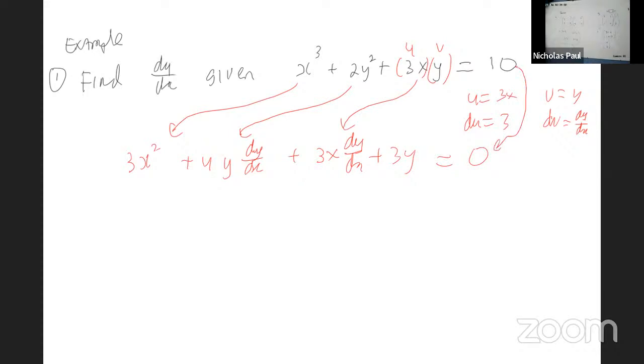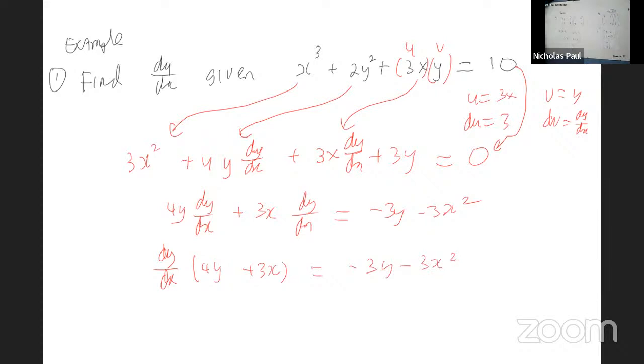Now we're trying to make dy/dx the subject of the formula. So we'll leave all the dy/dx terms on the left. So that'll be 4y dy/dx plus 3y dy/dx is equal to minus 3y minus 3x squared. And then factor out dy/dx: 4y plus 3x.